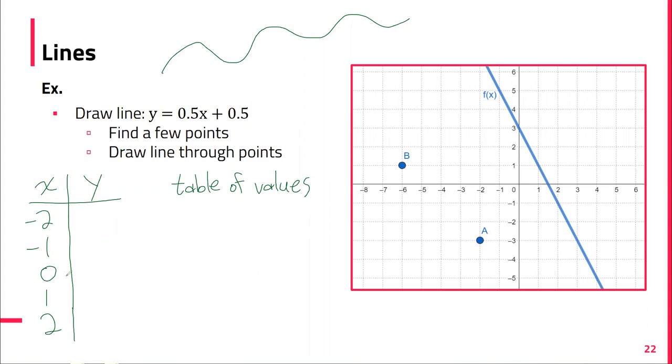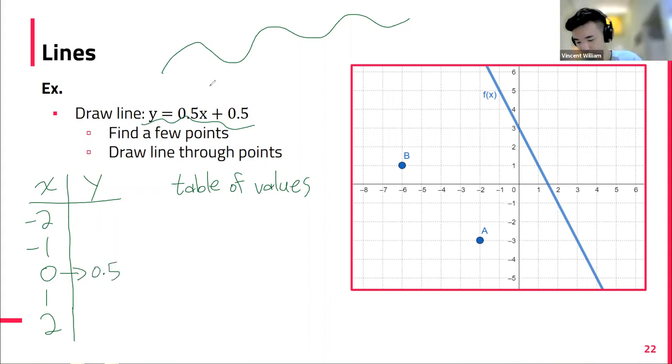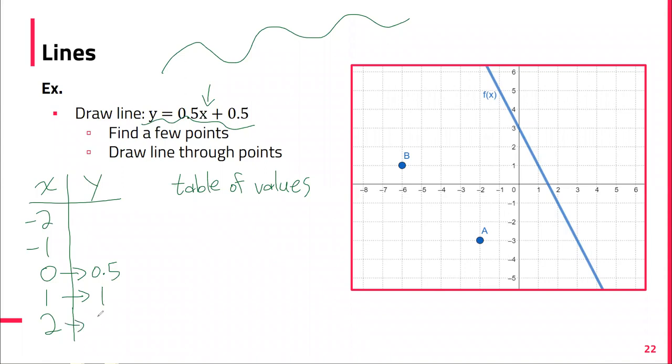Okay, so let's start here with 0. Looking at this equation here, if x is equal to 0, what is our y equal to? 0.5. So we just substitute 0 in for the x value. When x is 1, what do we get? We get 1. When x is 2, we get 1.5.